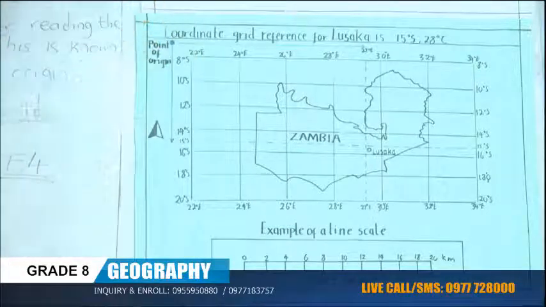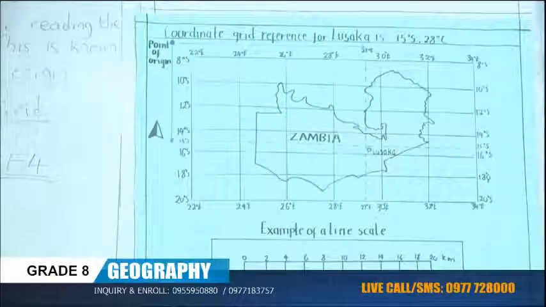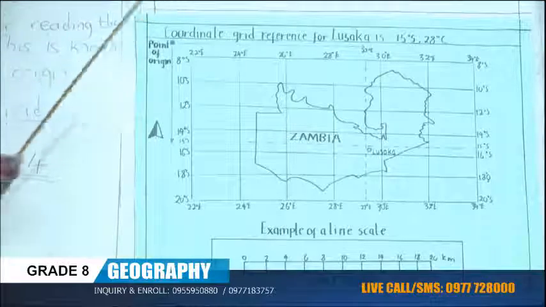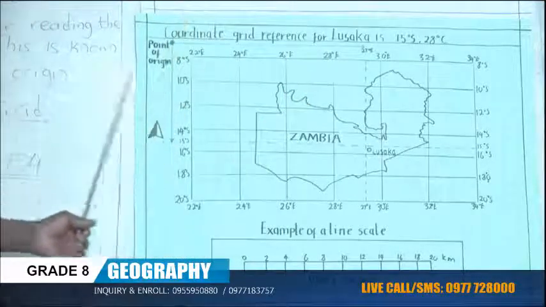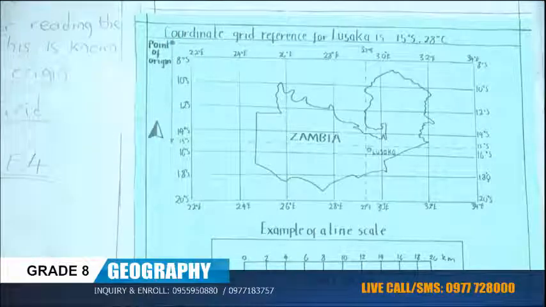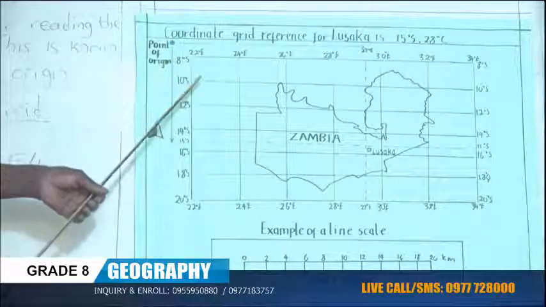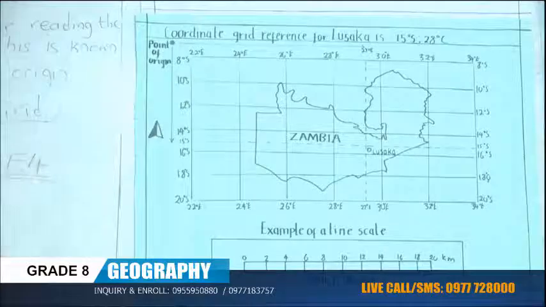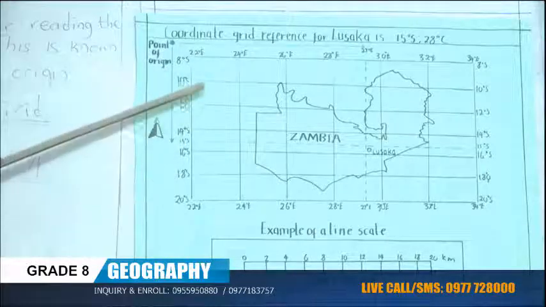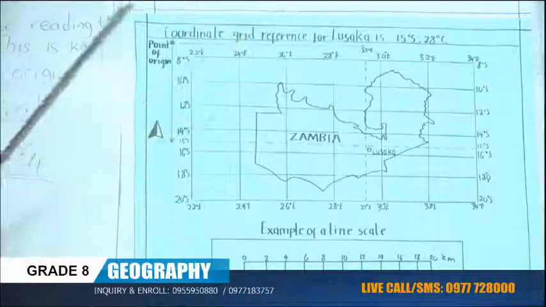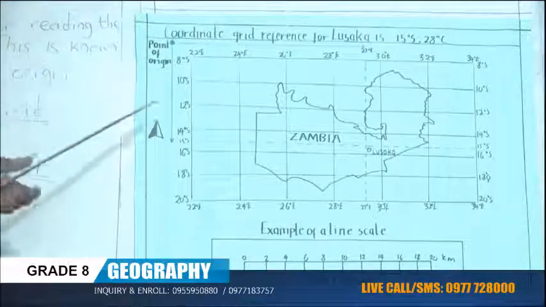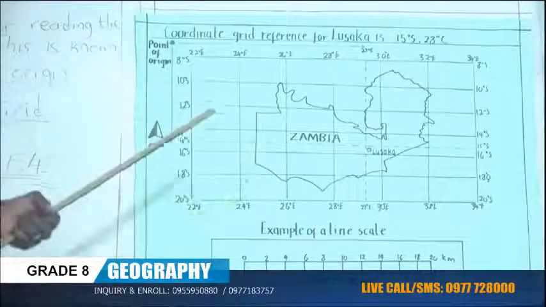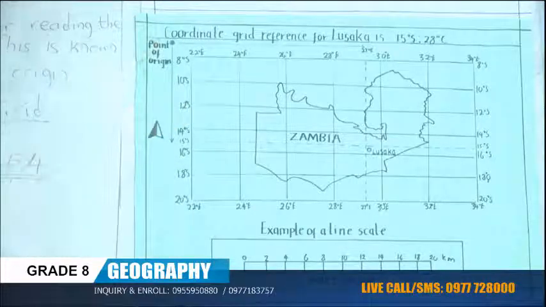Because if we are to draw the entire world, here we just had east, we should also have the west in terms of longitudes. Then for the latitudes, which I am about to read to you learners, we should have the south as well as the north. Okay, don't you worry.